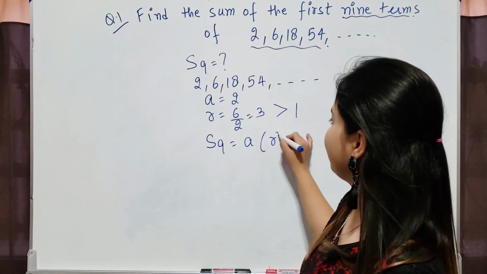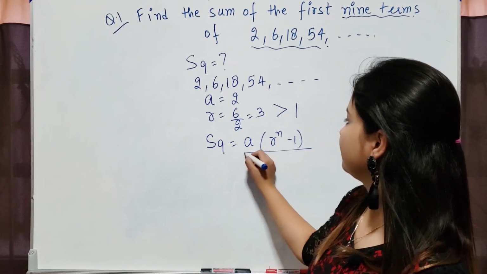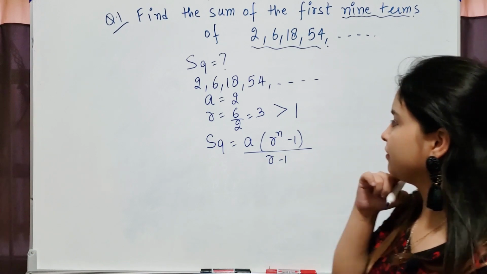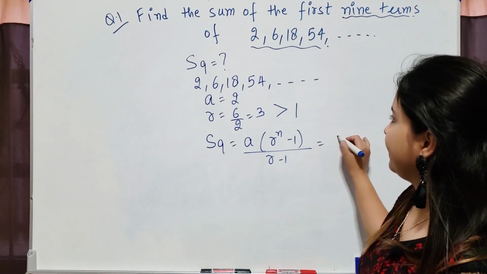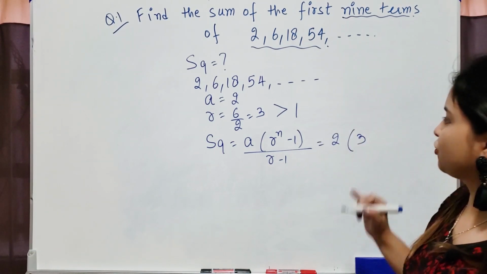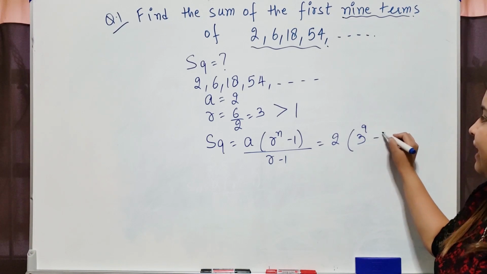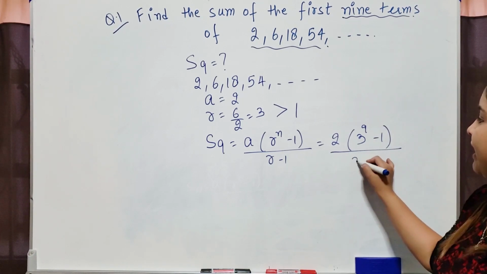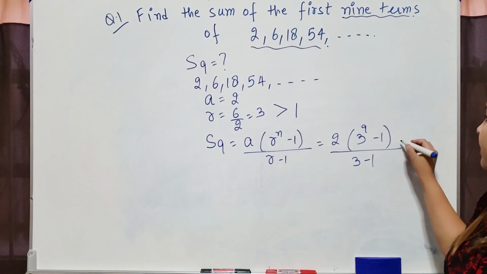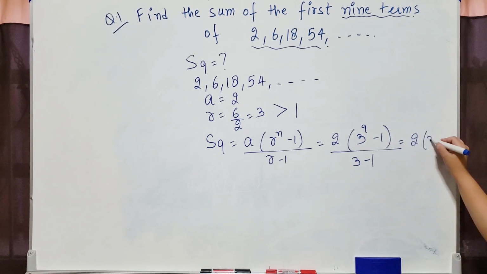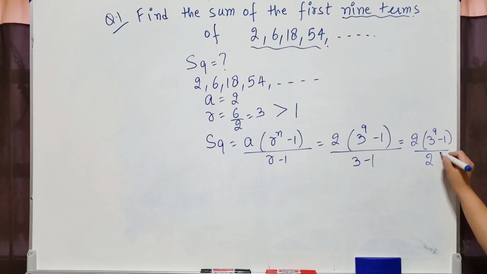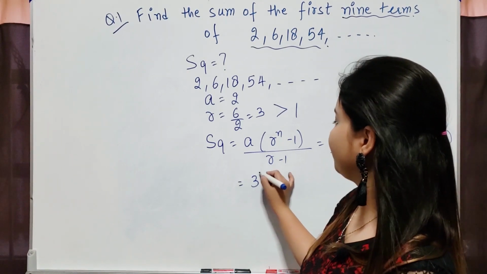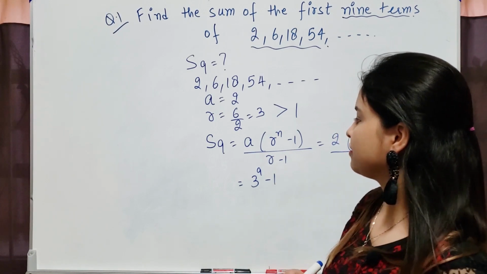A times (R raised to power n minus 1) over (R minus 1). Now, A is 2, R is 3, n is 9, divided by 3 minus 1. This is 2 times (3 raised to power 9 minus 1) over 2. 2 and 2 cancel. You will get 3 raised to power 9 minus 1.